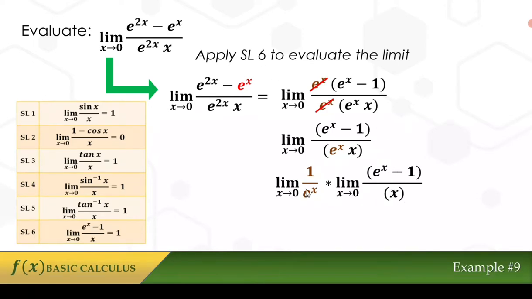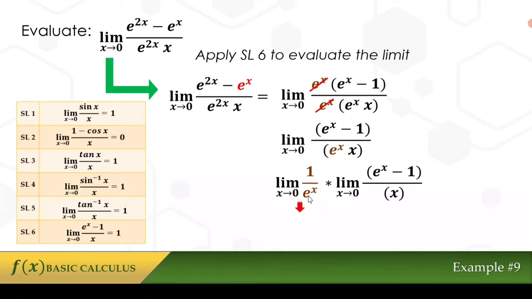Now the question is, what is the value of the limit of 1 all over e raised to x as x approaches 0? So let's apply direct substitution to solve this one. This term is automatically equal to positive 1 according to SL number 6.